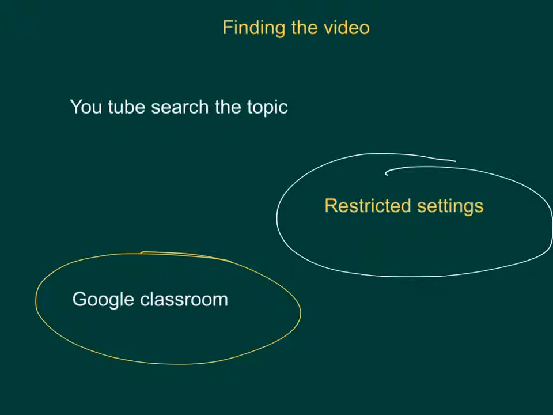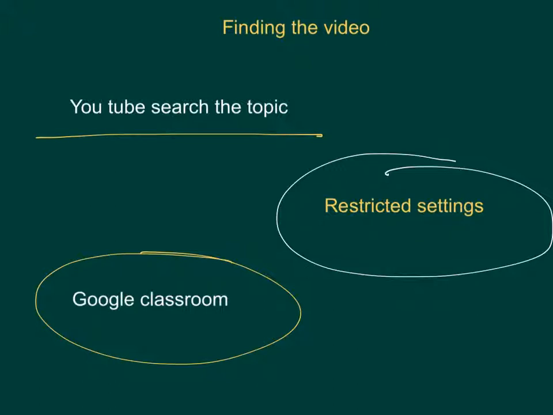Sometimes the videos that you try to pull up will be restricted. This is something that happens quite often, especially when we are at school and we're watching them on the school internet. If it is restricted, just please be patient. Try to go back in maybe a few minutes later or an hour later and try to watch the video again. If you're unable to watch it because it's restricted, you have one of two options. You can, again, send me a message and let me know that it's restricted and I can try to upload it or change the settings.